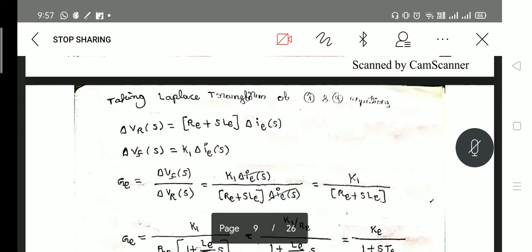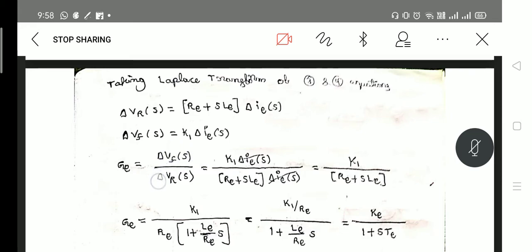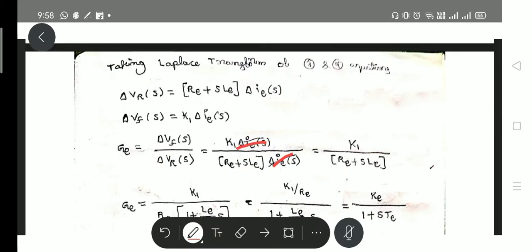I am taking G as delta Vf of S by delta VR of S, the exciter transfer function, that is GE. Here delta Vf of S is the output voltage and delta VR of S is the input voltage. Substituting, we get K1 delta IE of S by Re plus S Le into delta IE of S. Both delta IE of S cancel, then we get K1 by Re plus S Le.